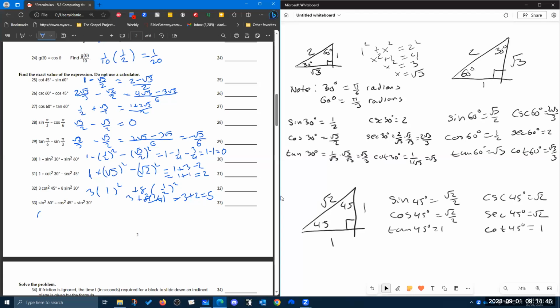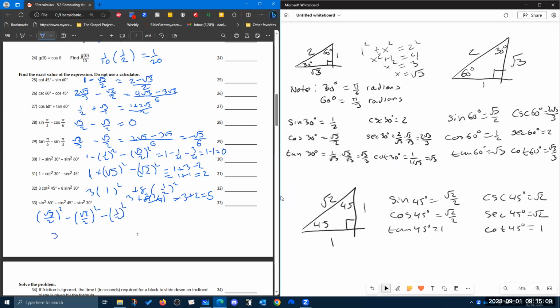Now we want the sine of 60 degrees squared, that's √3/2, minus cosine of 45 degrees squared, minus sine of 30 degrees squared. I'm going to write them all with denominators of 4.